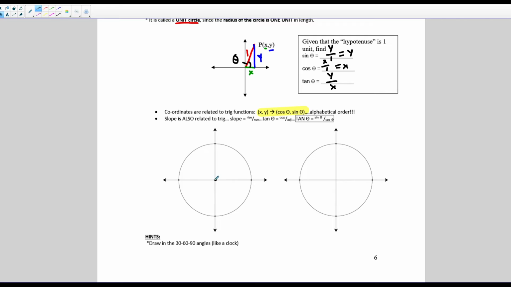So starting off with our 30-degree special triangle, let's go ahead and draw our triangle here. And let's make this a 30-degree triangle. We're going to do the same thing. I'll just draw my 60-degree triangle, and we'll do so just like that. We'll have this be, oops, not 30 degrees.